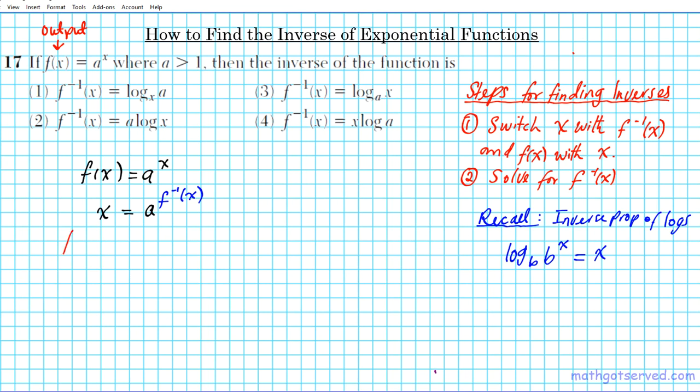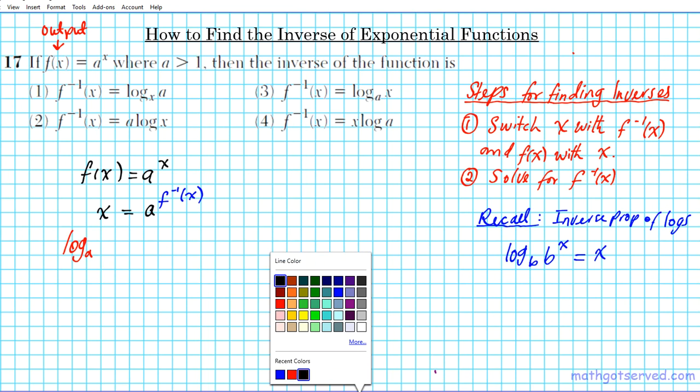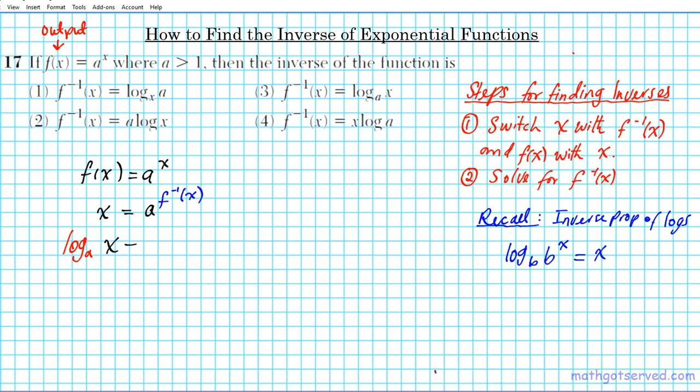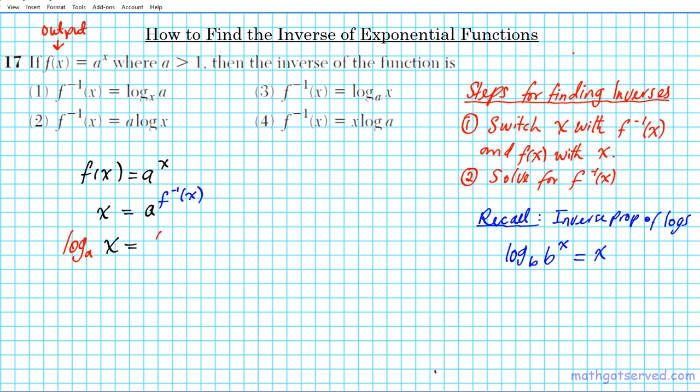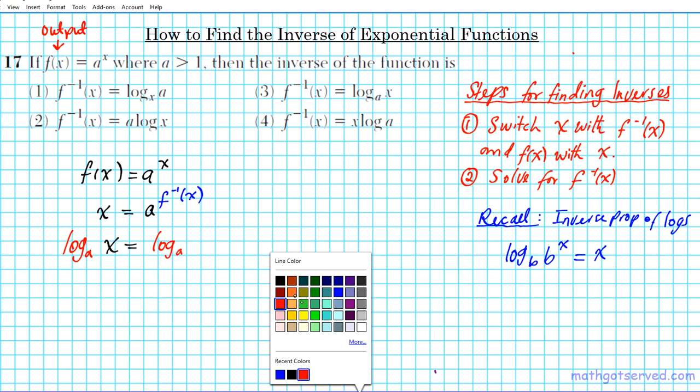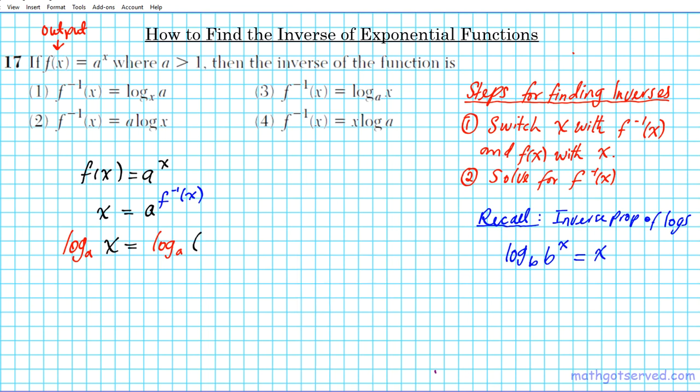So we take the log base a of both sides of the equation. Log base a of x is equal to log base a of a to the f inverse of x.